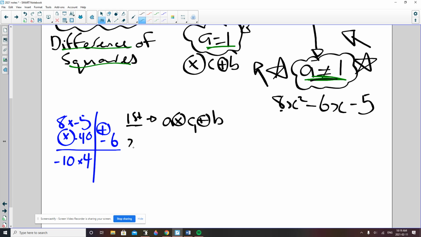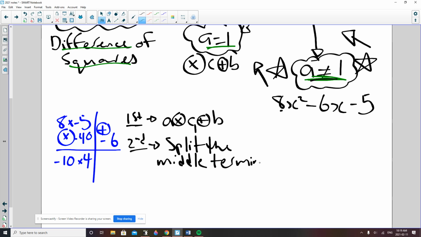When I find those numbers, I need to split the middle term into the 2 numbers from step 1. And when I do that, I need to make sure I include the variable, because I'm not going to change anything.